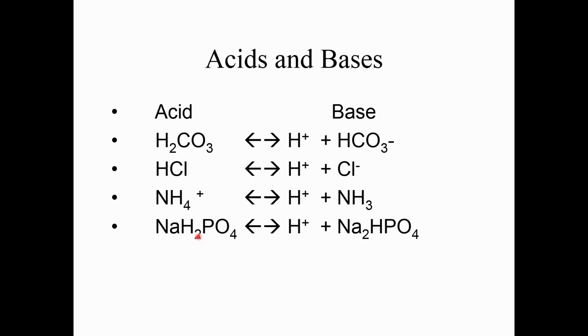Now phosphate can be protonated further to make phosphoric acid, which is H3PO4, and it can be completely deprotonated, so it's PO4 to the -3. But in biological systems, we normally see an interaction between these two main forms of phosphate buffer.